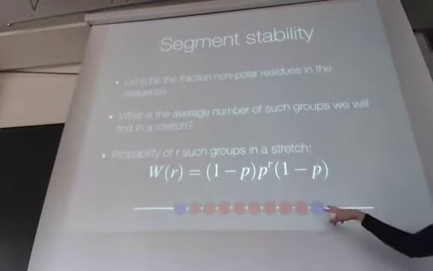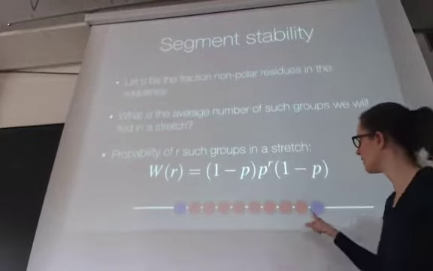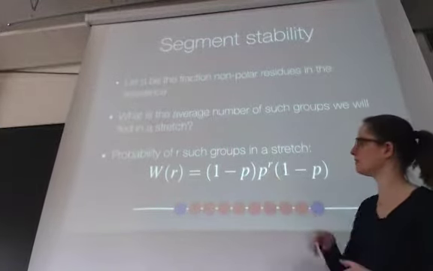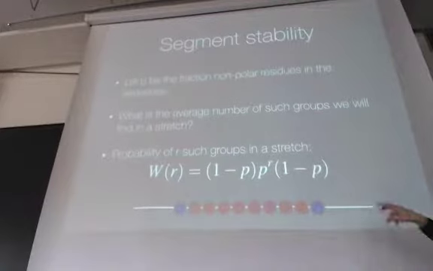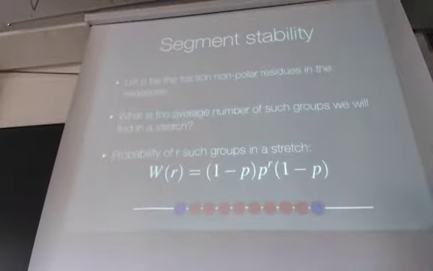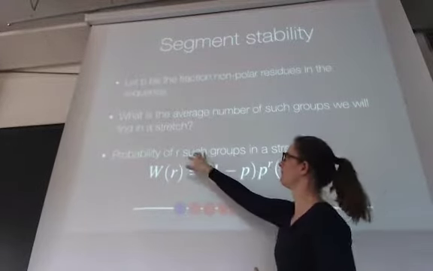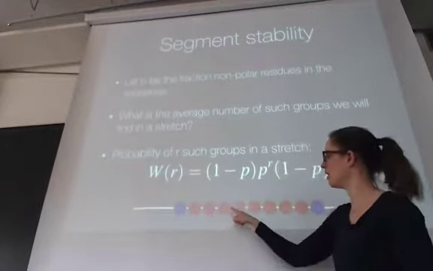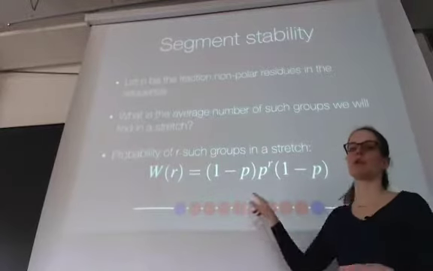So the constraints that we have are a number of elements, R times P, and twice 1 minus P. And this will be then the probability of obtaining R groups in one stretch.